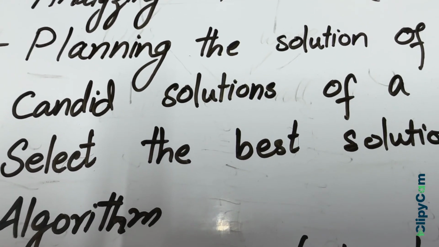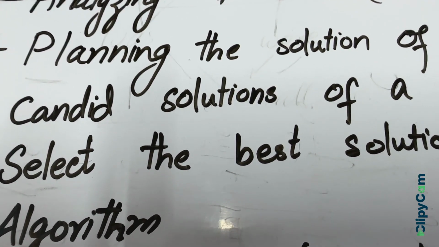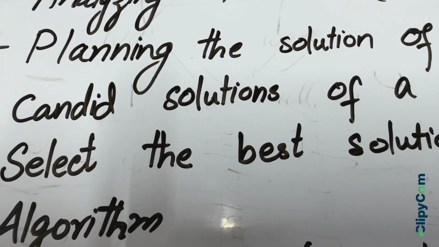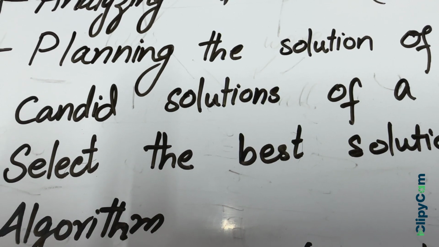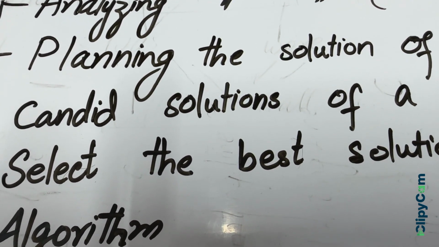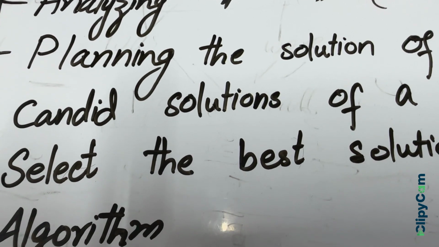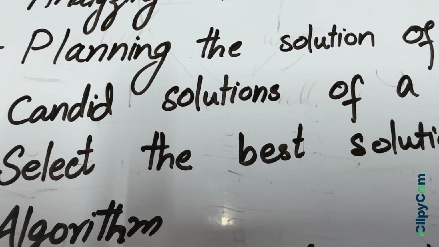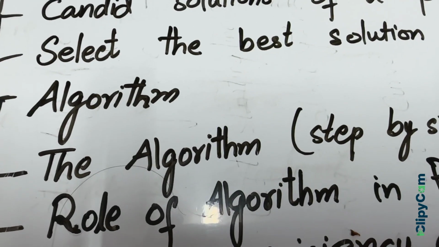That solution must be easy to understand, clear? There must not be any complications. You must select the solution which is very easy to understand for the user and for you, clear?